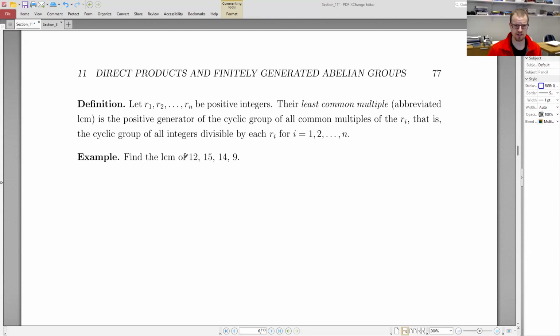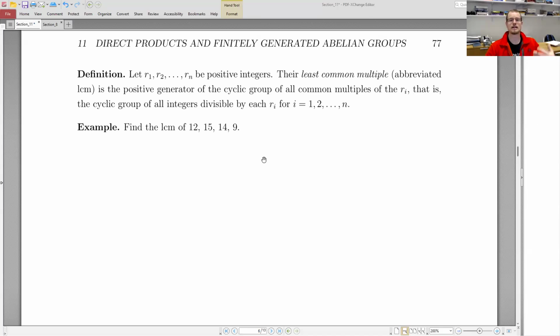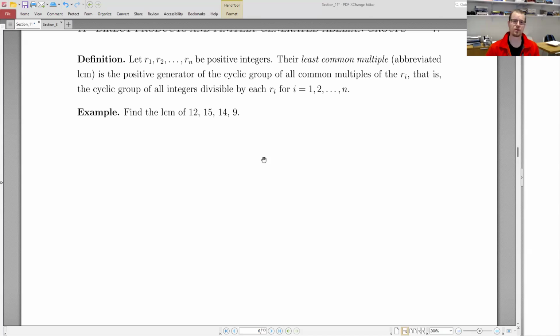So let's find the LCM, the least common multiple, of 12, 15, 14, and 9. What I'd like to do is first take a look at it from the perspective of group theory, and then try to reason how we work through finding that least common multiple in the way that we maybe have in the past.